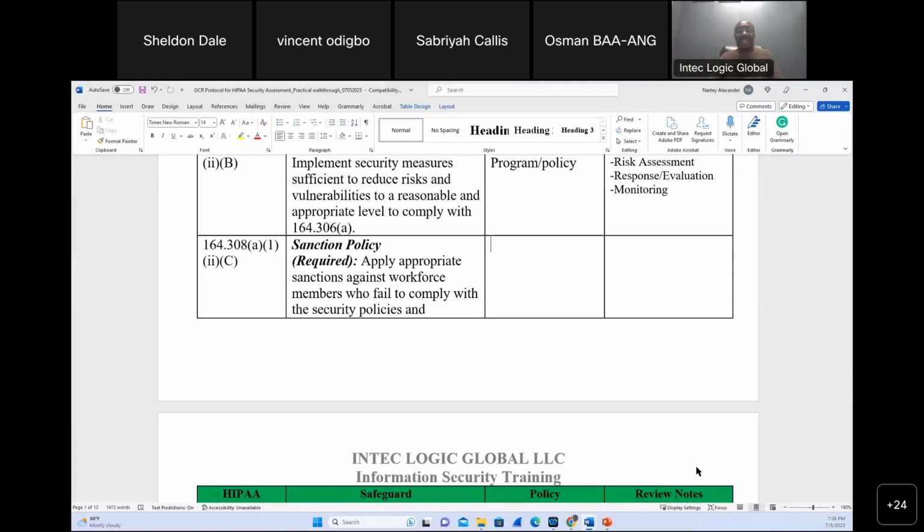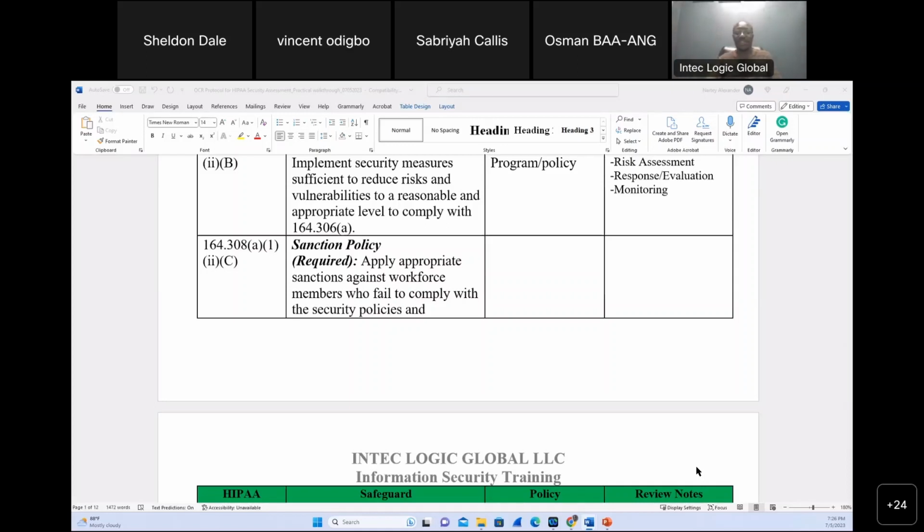It's the same thing here in the covered entity. Sabria, you normally see that in an employee handbook. Good, that is correct. Employee handbook, and mostly it is managed by which department? Human resources. You got it.